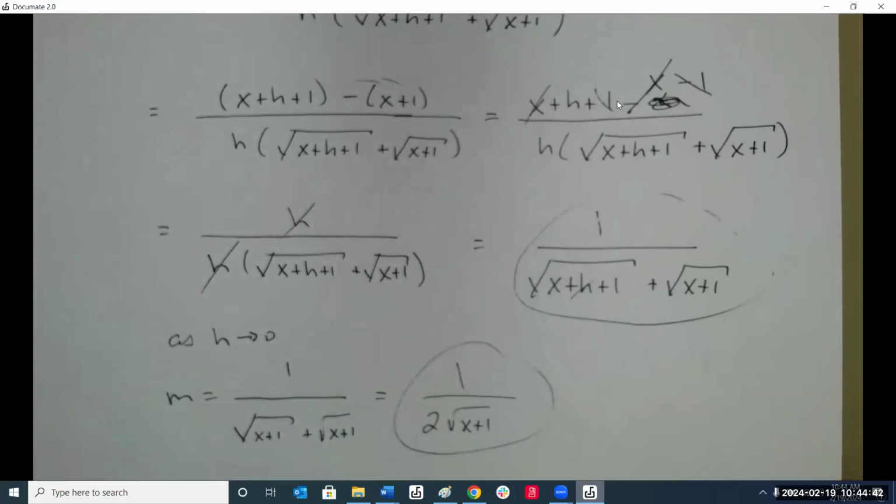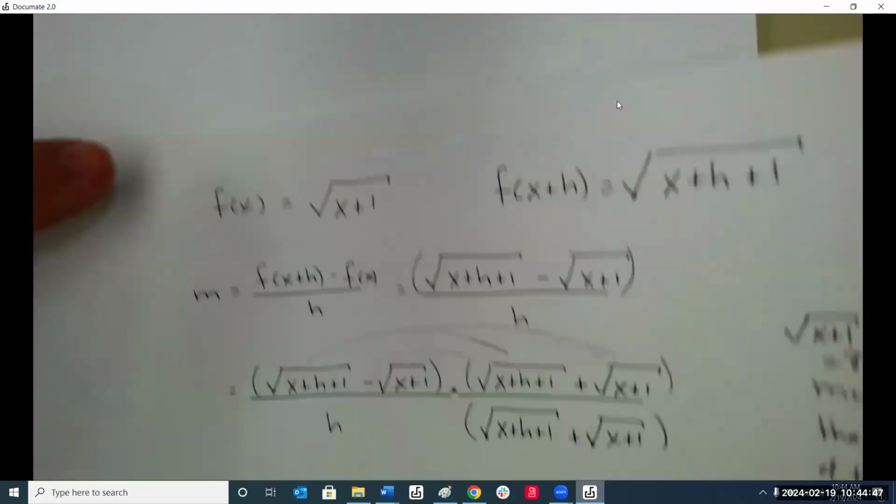So look, what's the point of this? Let's look at this one. So let's say I'm using this last example.